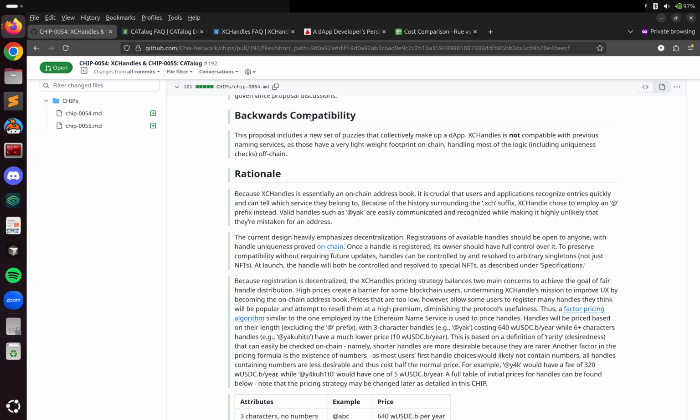But the idea is that if you look at my Twitter, I actually wanted to register the handle Yakuhito, but it turns out this account that had 5 years with no activity previously used the handle Yakuhito, so I had to choose another one. Now they weren't using it anymore, and I think if you want an address book, the entries should be somewhat fluid.